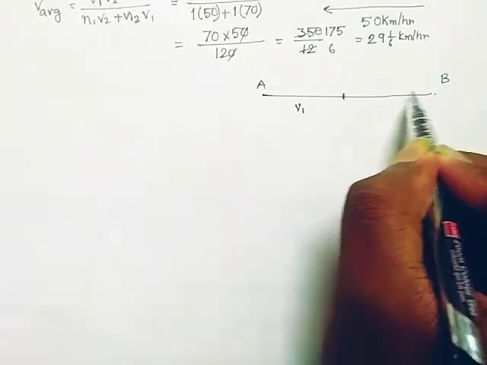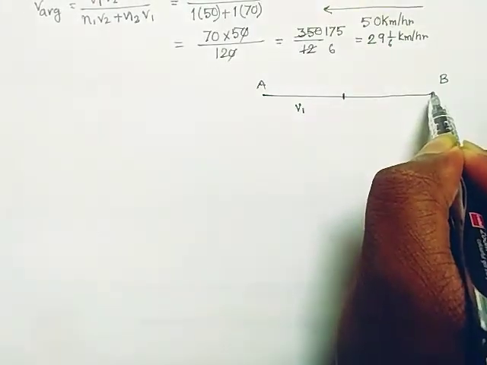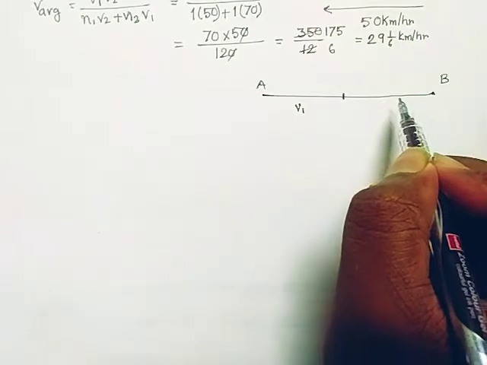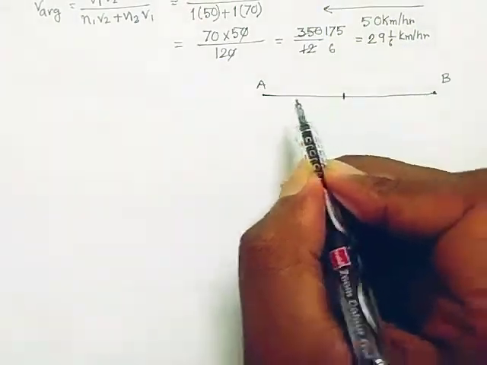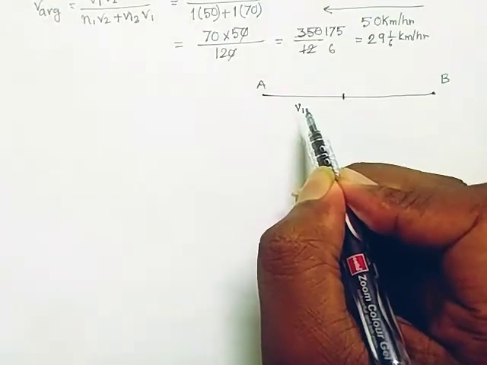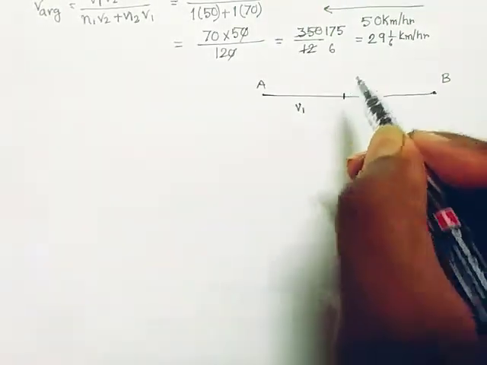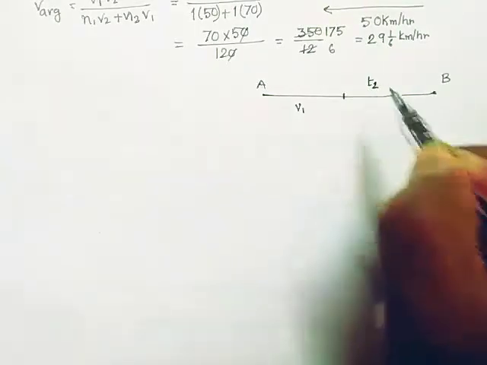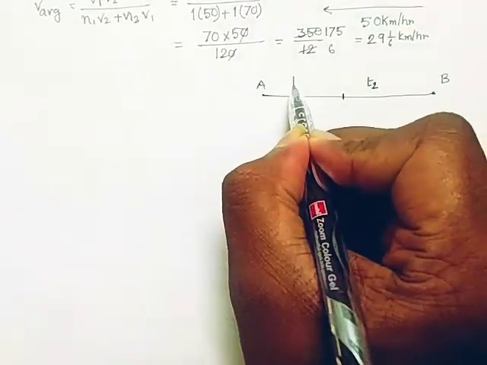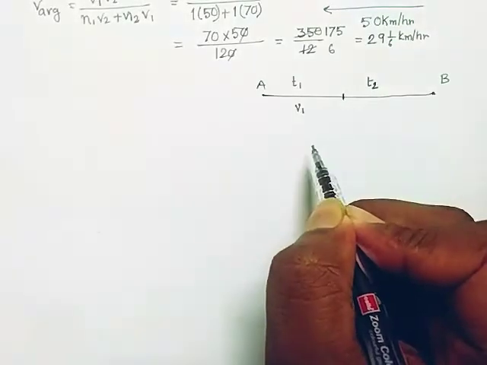Now the rest of the path it covers in a different way. Let us say the total time taken by the rest of the path is t2, and the time taken in covering the first half is t1.